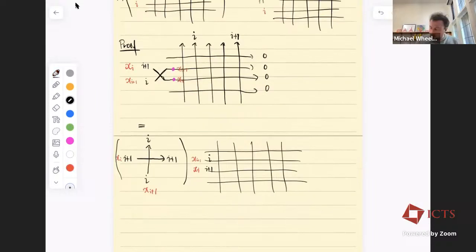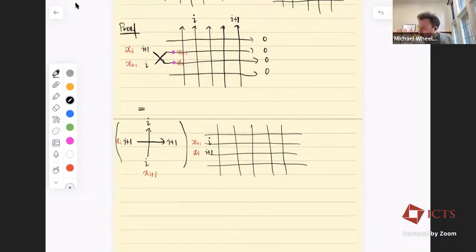And I can go ahead and record explicitly the weights of these things. So this vertex here has the following weight: 1 minus x_{i+1} divided by x_i, over 1 minus q x_{i+1} over x_i. And the function that I get here is very similar to the f function that I started with.